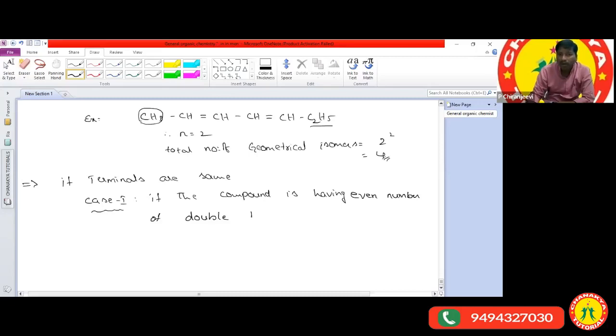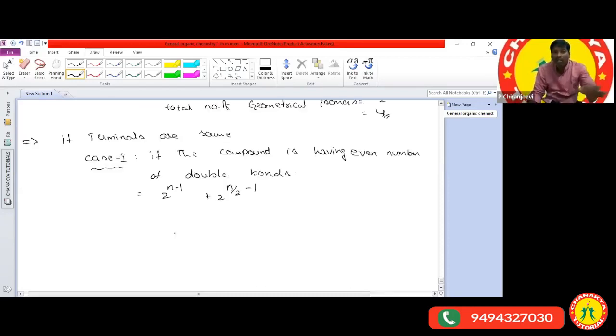When it has an even number of double bonds, the total number of geometrical isomers is equal to 2 to the power of n minus 1 plus 2 to the power of n by 2 minus 1. That is the formula we use to calculate the total number of geometrical isomers.